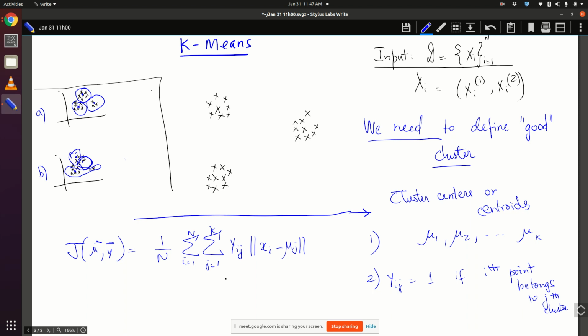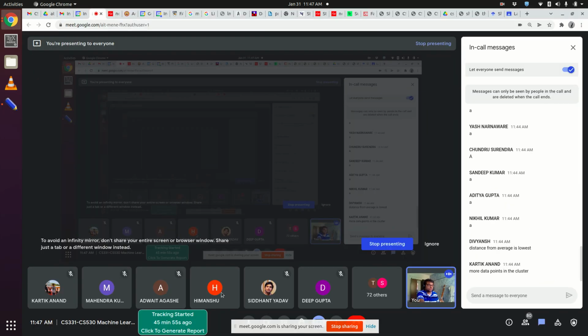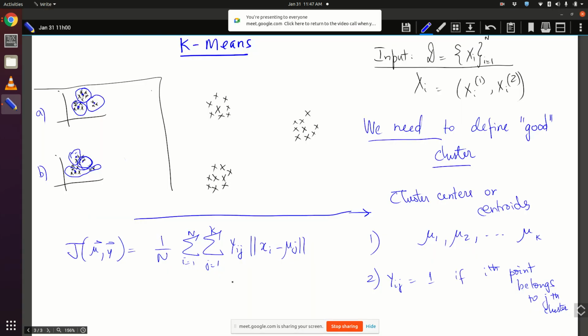Can you repeat it, sir? So Himanshu, tell me what is yij? yij equals 1 if the ith data point is in the jth cluster. Suppose this is cluster 1, this is cluster 2, and this is cluster 3.